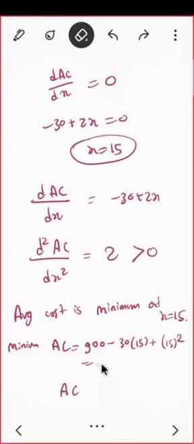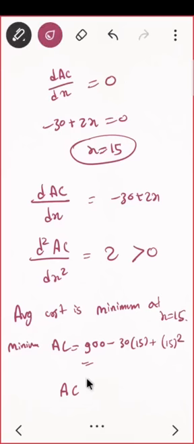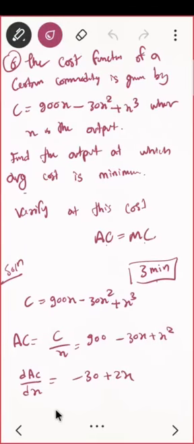What is this value? Okay, 675, nice. So you are having average cost का value 675, and look at the question, we are done. हम लोग को minimum average cost मिल गया.